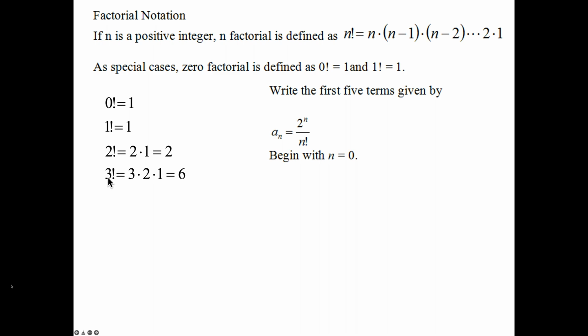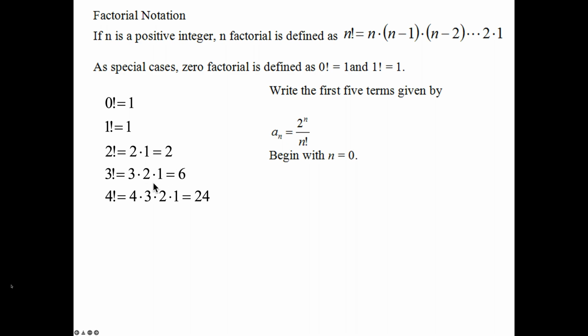6. You just start at the number that's on your factorial, count backwards to 1, multiply them all together. 4 factorial, 4 times 3 times 2 times 1. Wait a minute, 3 times 2 times 1 is right there. I could just take the previous answer, 6, and multiply it by 4. Hey, this is a recursive sequence.